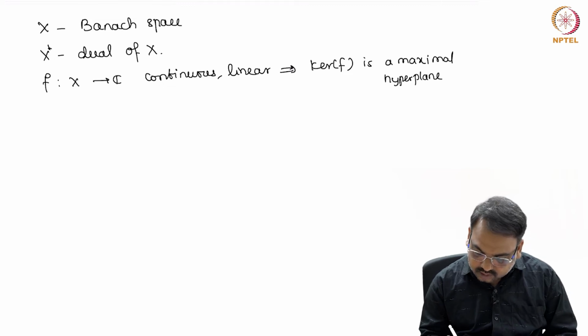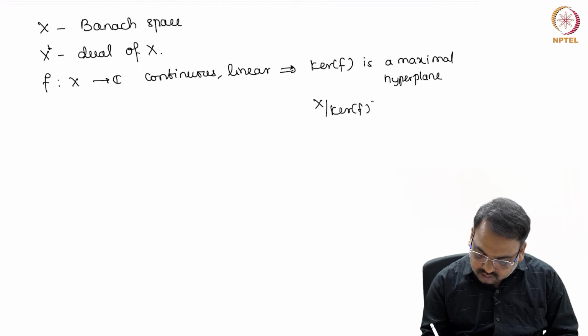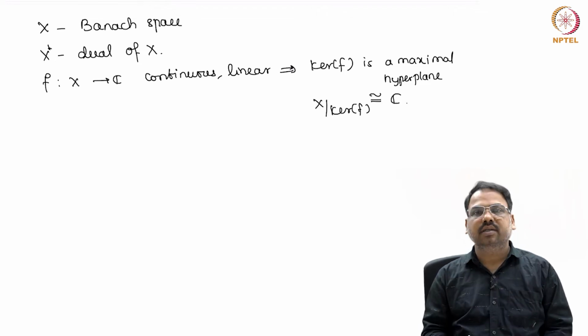In fact, it is closed. That means X by kernel F is isometrically isomorphic with the field C.